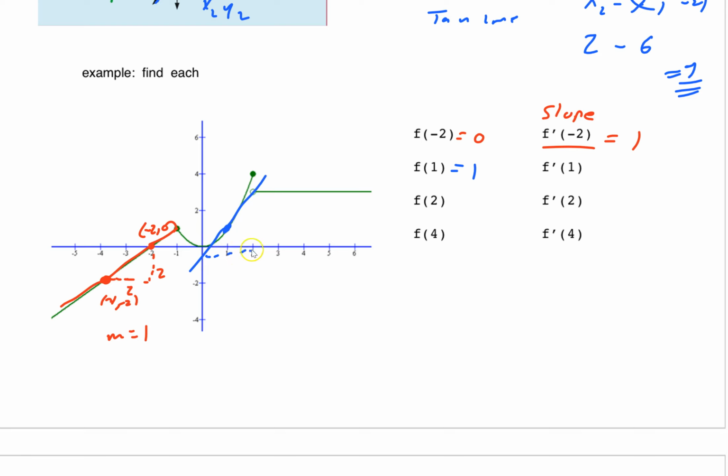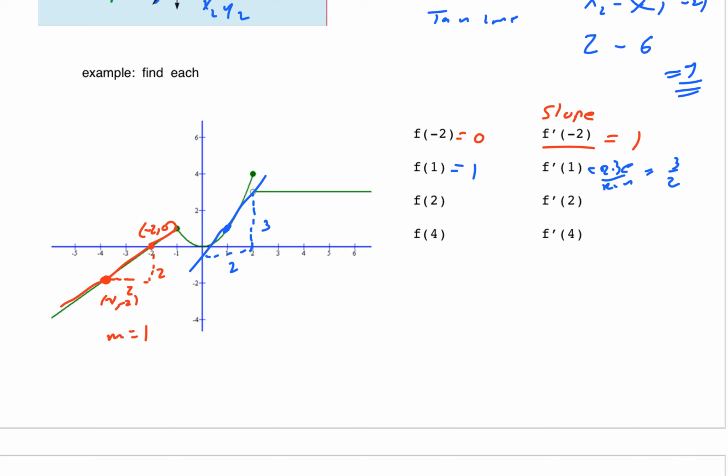I don't know, let's just estimate that, because come on, who cares? That's 2. Let's say that's 3. So my tan line is gonna be rise over run. So 3 over 2. Again, now it's an estimation. Anytime it's a curved line, it's just gonna be an estimation anyway.